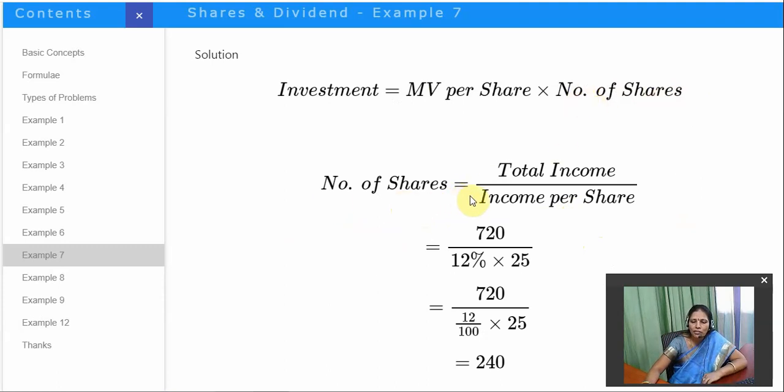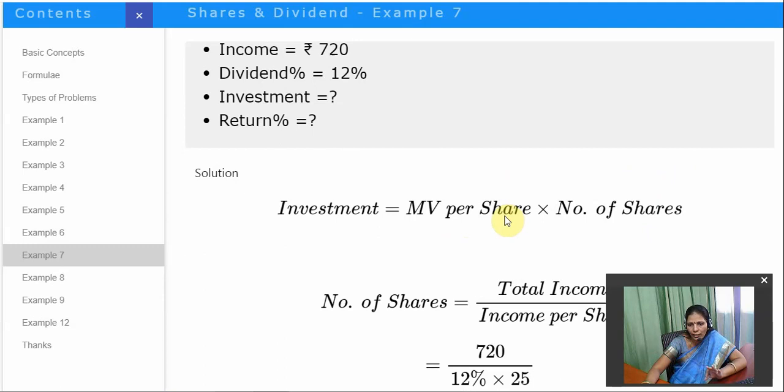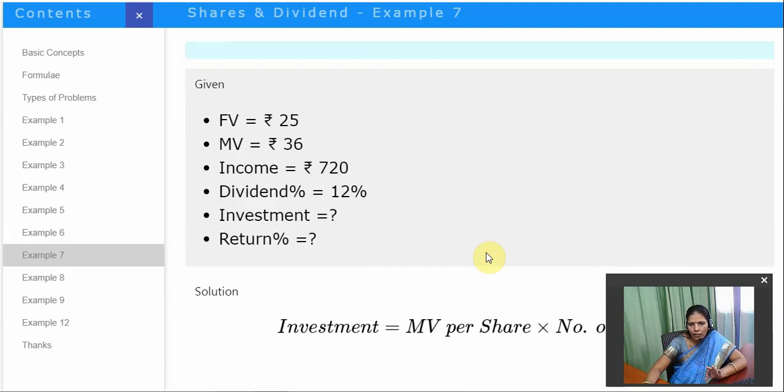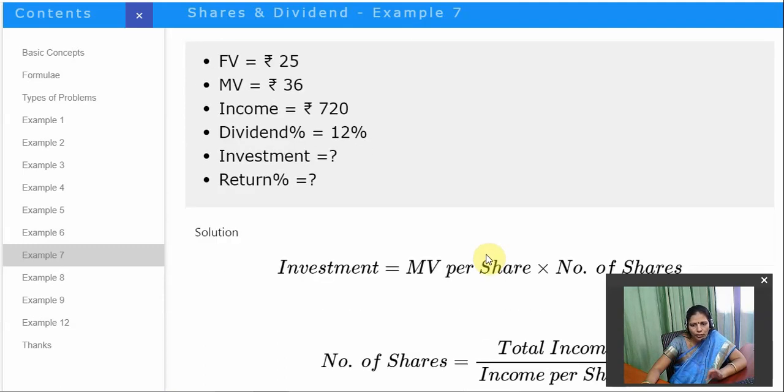This is the main formula, and to substitute in this you need to know what number of shares he has. So the number of shares is equal to total income by income per share. I gave you three formulas to find the number of shares, right? So here you need to look into which formula can be used, because here the total income is given and you can find the income per share by this.